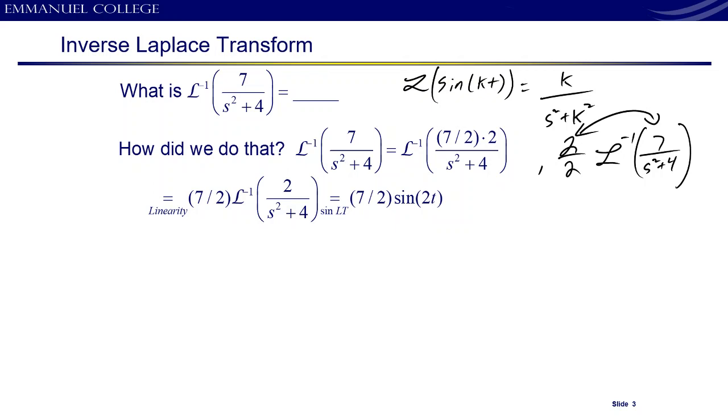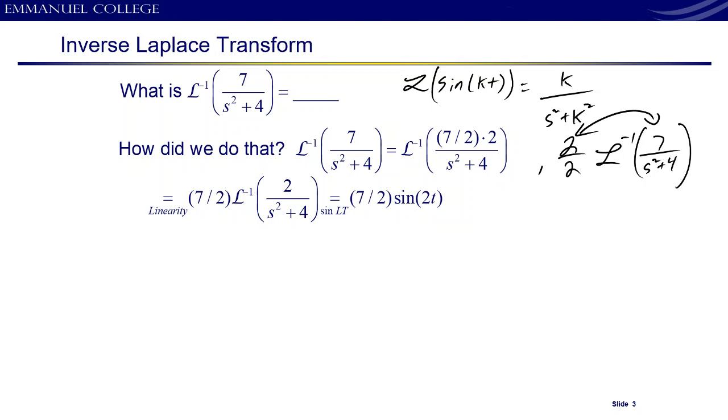And so by linearity, I'm left with 7/2 out front. And now I have the inverse Laplace transform of 2 over s squared plus 4, which we know is the Laplace transform of sine of a constant times t. So thus, we have our inverse Laplace transform.